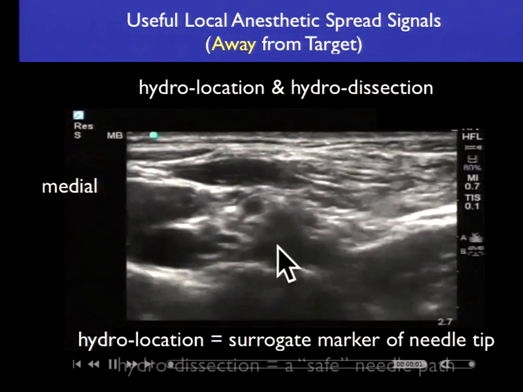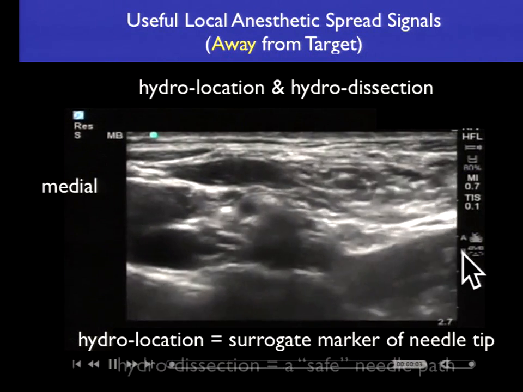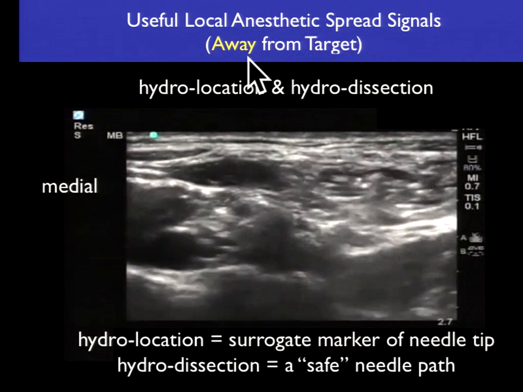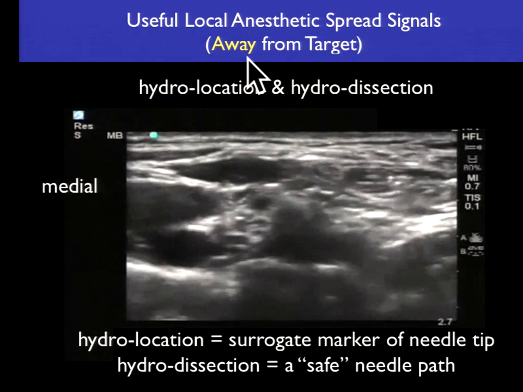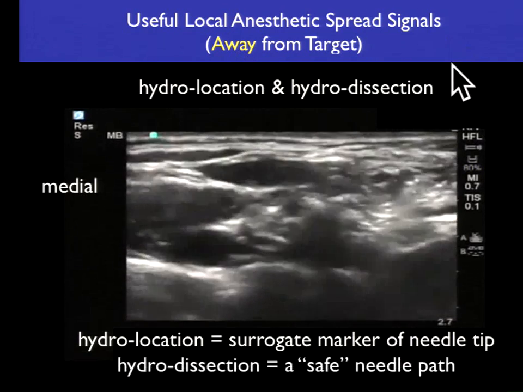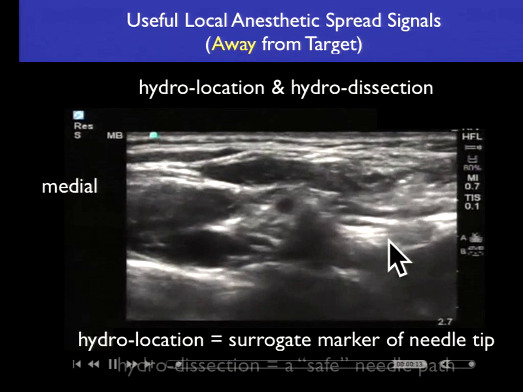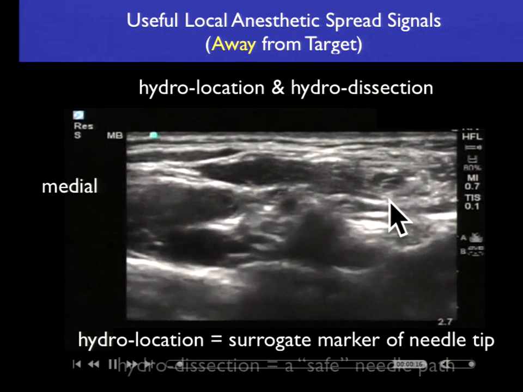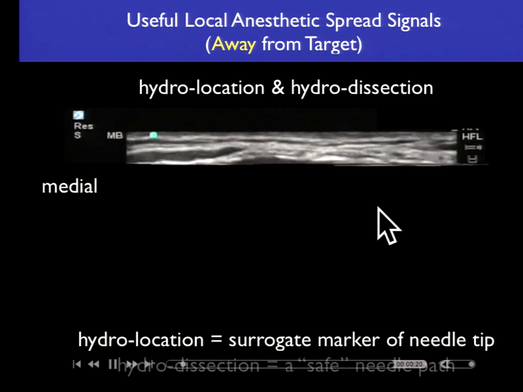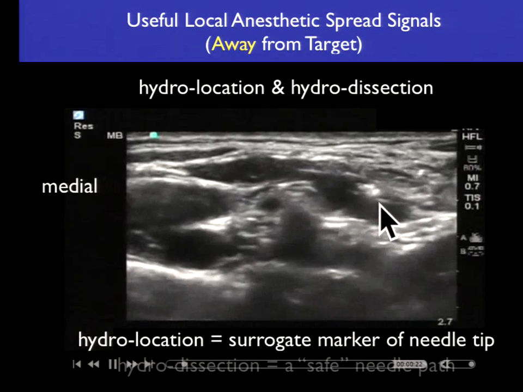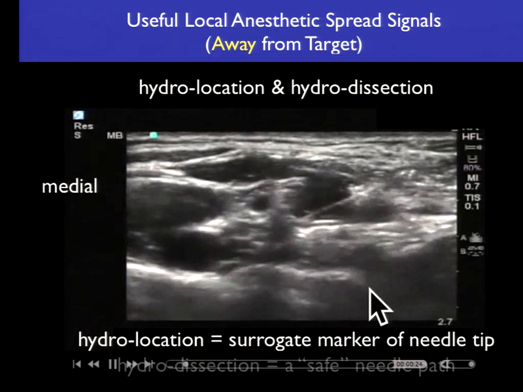So first, let's look at the spread pattern when the local anesthetic or a fluid bolus is injected when it's not close to the target. So when a needle is inserted, we inject a fluid bolus. And the fluid can be local anesthetic. The fluid, as you heard, D5W is very helpful if you want to use nerve stimulation.